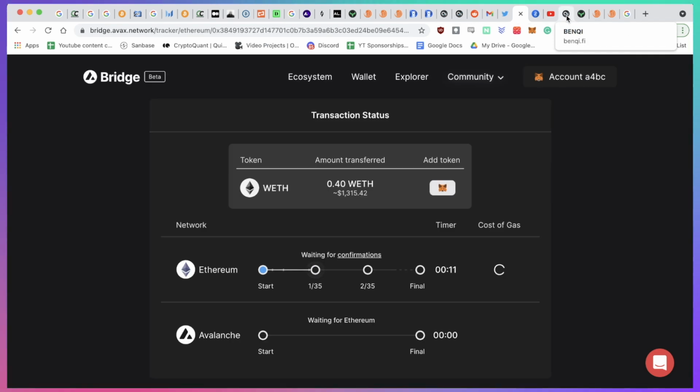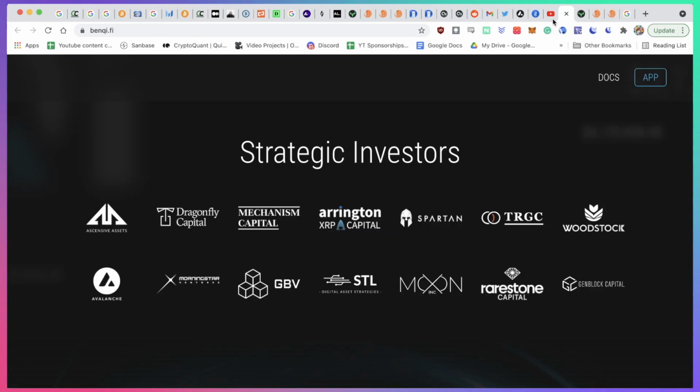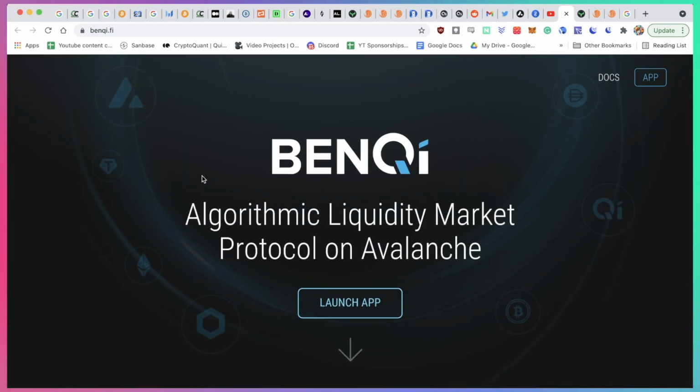Now, the first dApp that I'd like to share with you is called Benqi. And from my understanding, this is very similar to Aave. It's a liquidity market protocol, meaning that you can lock up funds, earn a certain interest rate on those funds, and then borrow against those funds being the collateral. And this is perfect because this allows you to do a lot more.